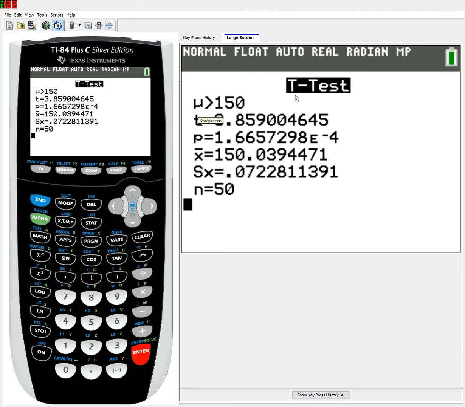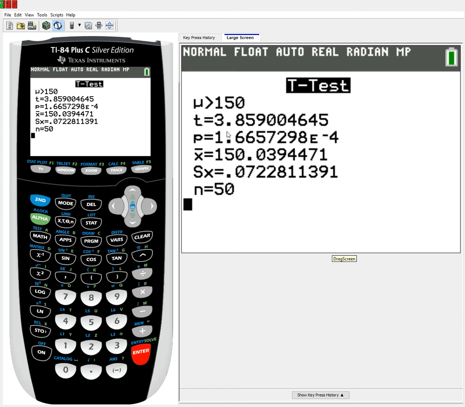So again, this is my alternative hypothesis. What I wanted to see is if the mean is actually bigger than 150. My t-test statistic is 3.86. That's a lot bigger than the last question was. And our p-value says 1.66 or 1.67. But keep in mind that at the end it says E-4. You need to be on the lookout for that. That means scientific notation.